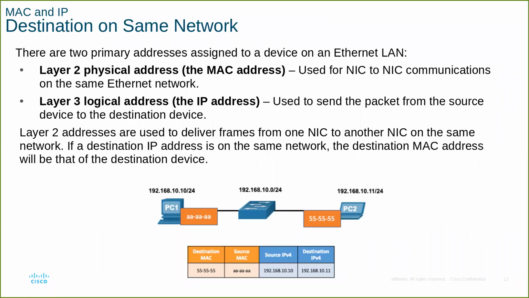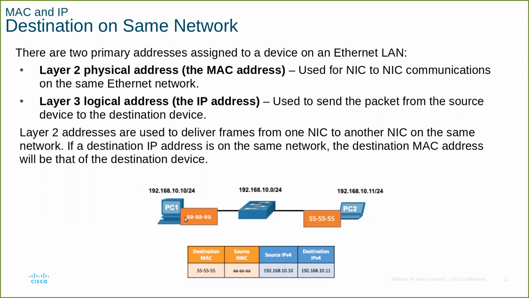Destination on the same network. Like this diagram you're seeing here, how does a computer like PC1 send information to PC2 when they are all in the same network?